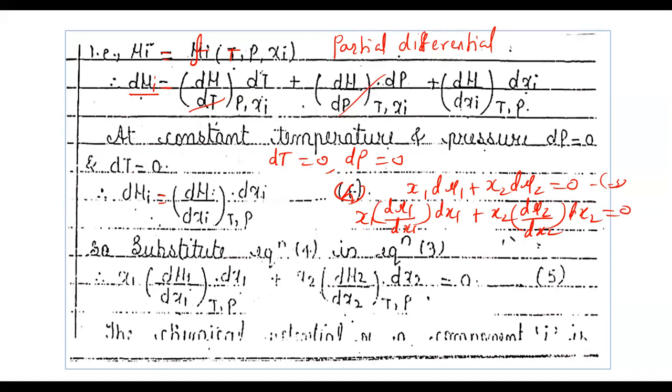In this way we modify equation 3 by substituting this d mu. We have derived this d mu by doing the partial differentiation at constant temperature and pressure.